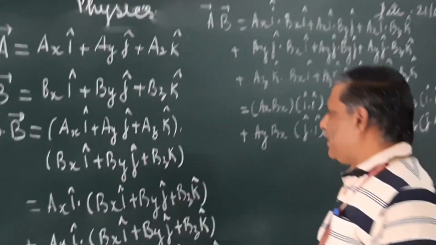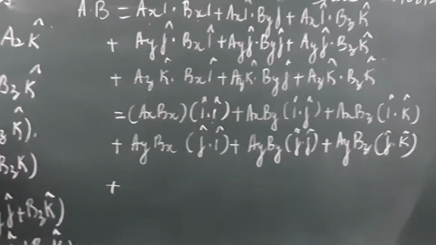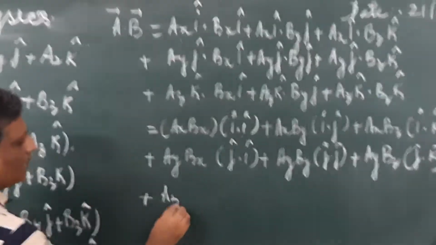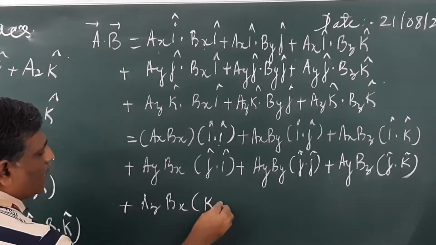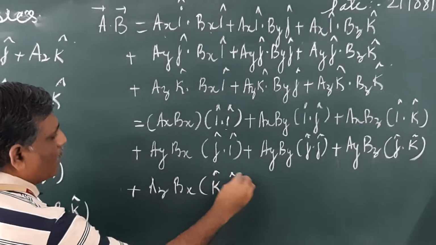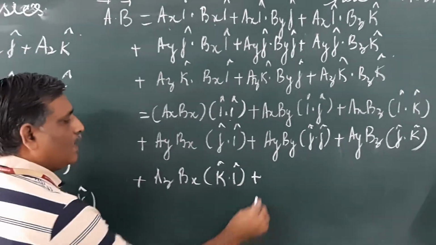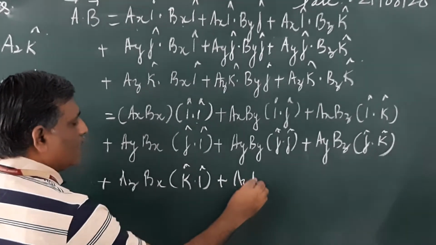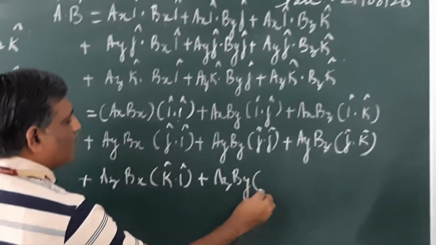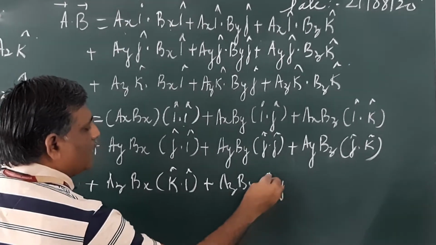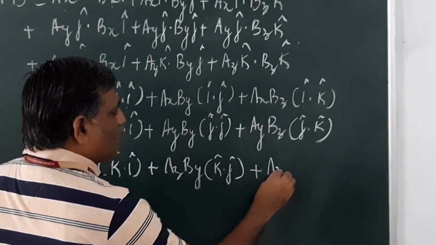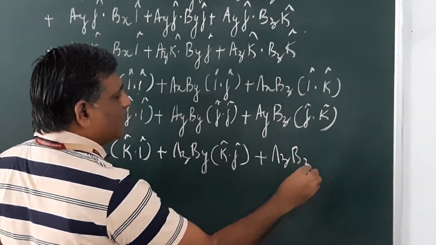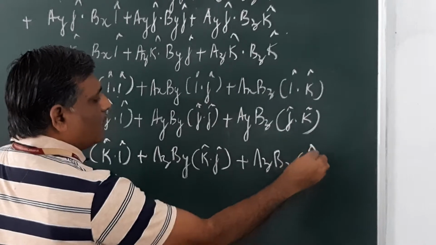Now we can write the third case, that is AZ BX K dot I plus AZ BY K dot J plus AZ BZ K dot K.